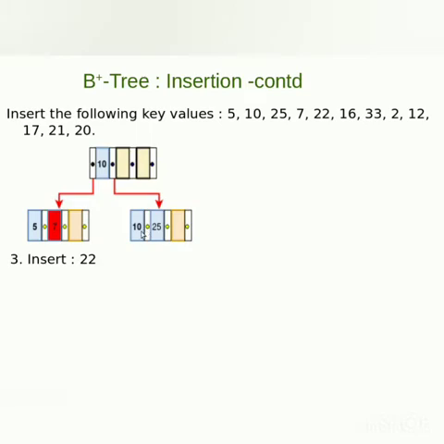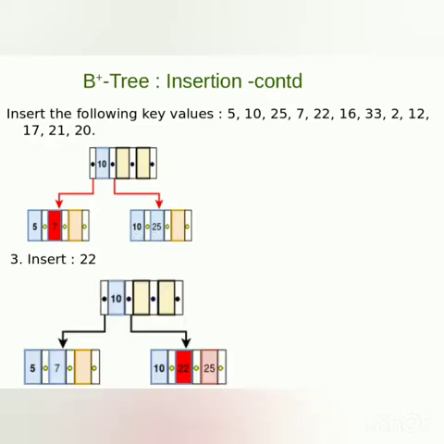In this node there is space for inserting 22, and the new node structure will be 10, 22, 25, because the key values should always be in increasing order. 22 is the newly inserted value. After inserting 22, this is the new structure, no change.